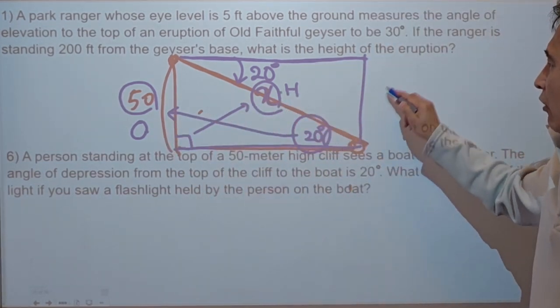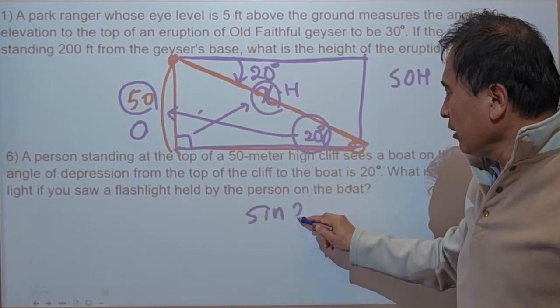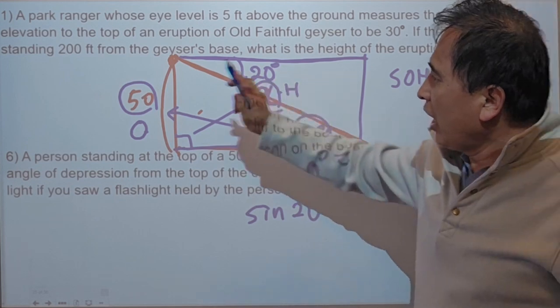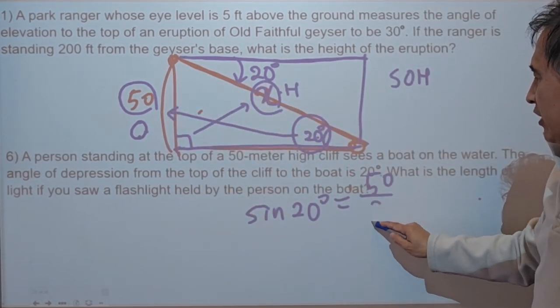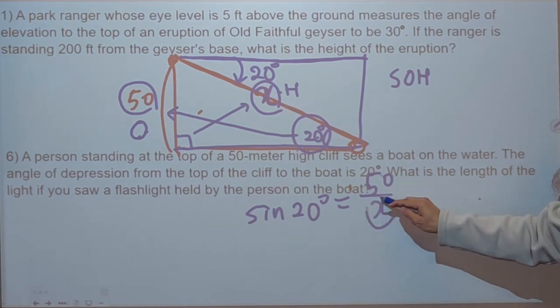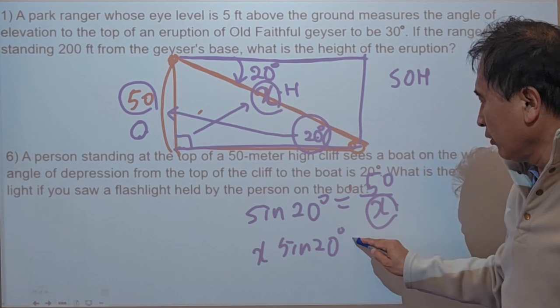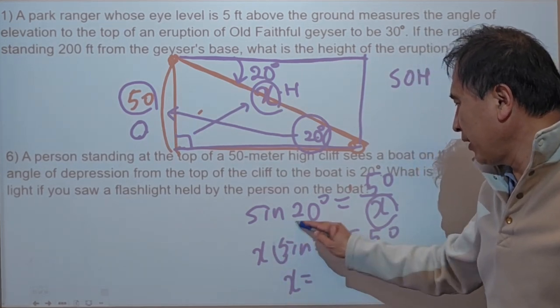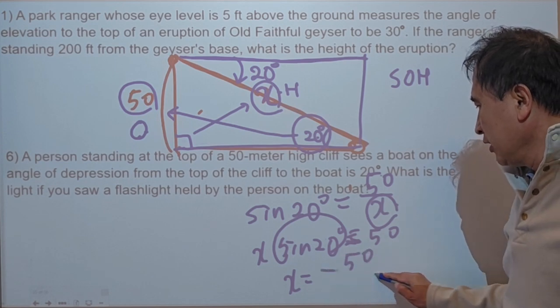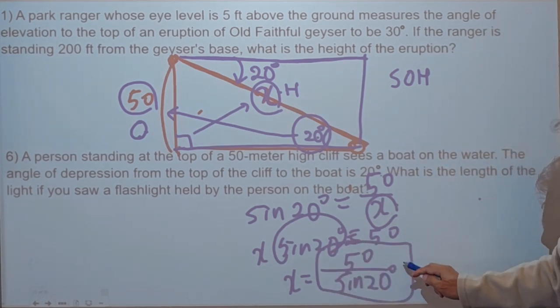So OH, SOH, that's sine, right? Sine 20, that angle, equals opposite over hypotenuse. The opposite is 50 and the hypotenuse is x. To find x, you need to multiply x to the other side. x sine 20 degrees equals 50, right? And then x equals, you divide by sine 20 again, 50 over sine 20. With your calculator, you can find it, but you can leave the answer like that for now.